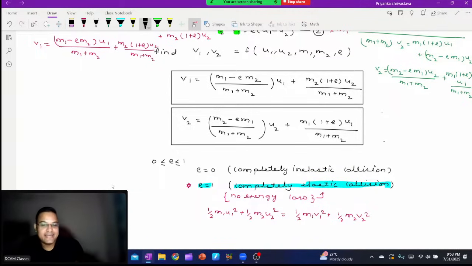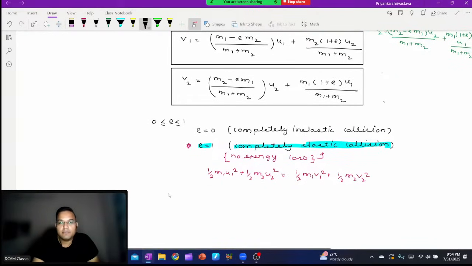In reality, it is very difficult to achieve this ideal condition, completely elastic condition, because of surface roughness and material imperfections. It's not possible. Did you play with that ball? One small ball is there. If you throw it, it jumps very high. That ball is somewhat very near to elastic.